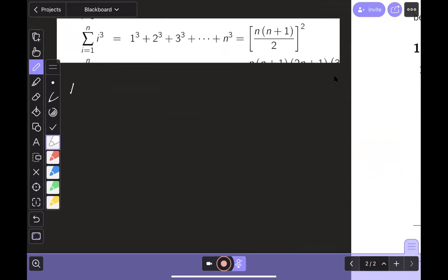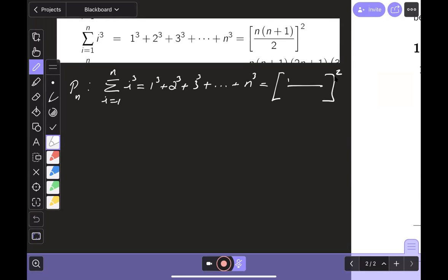P(n) is the proposition they're giving me: the sum from i equals 1 to n of i cubed. What does that look like? 1 cubed plus 2 cubed plus 3 cubed plus yada, yada, yada, up to n cubed, is identical to this statement over here.